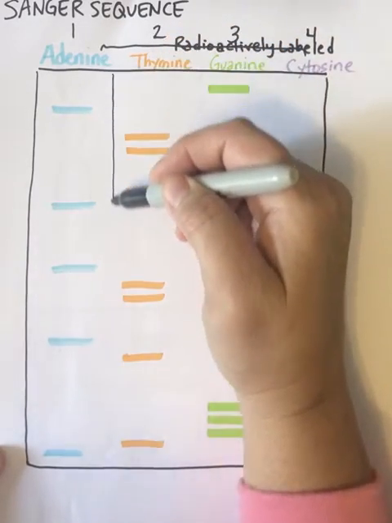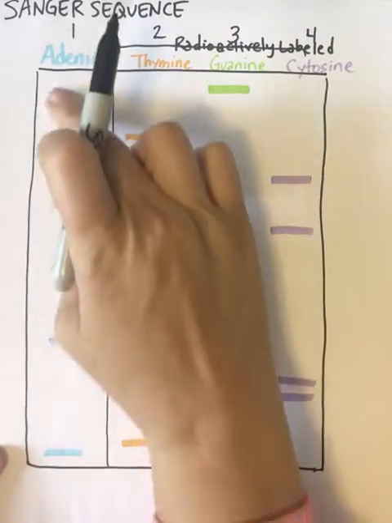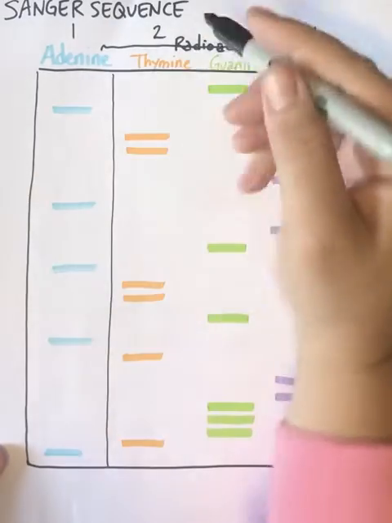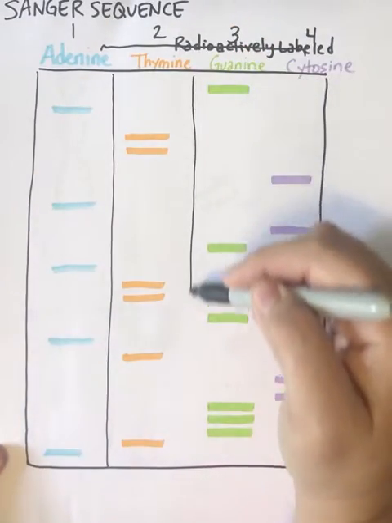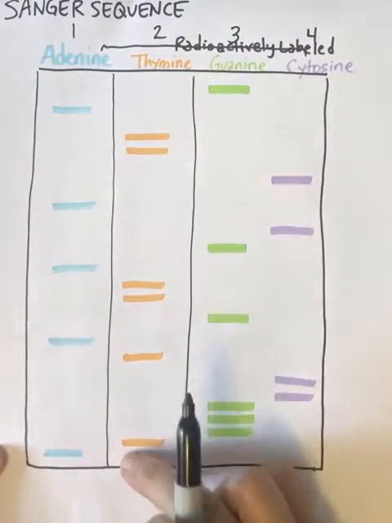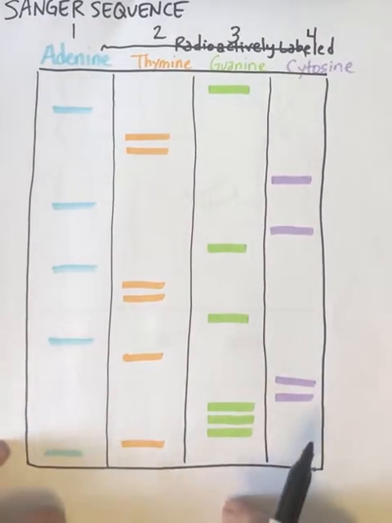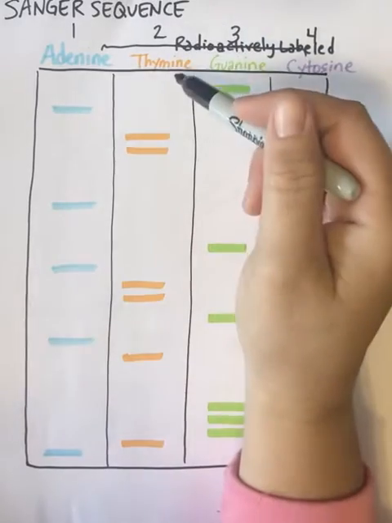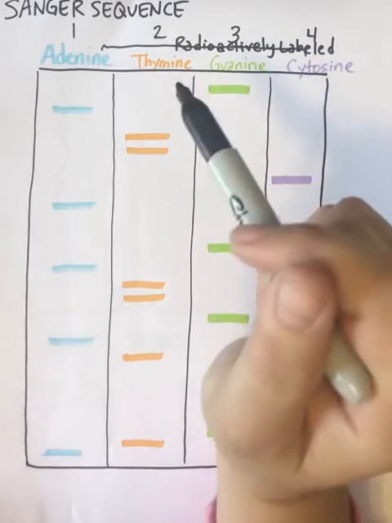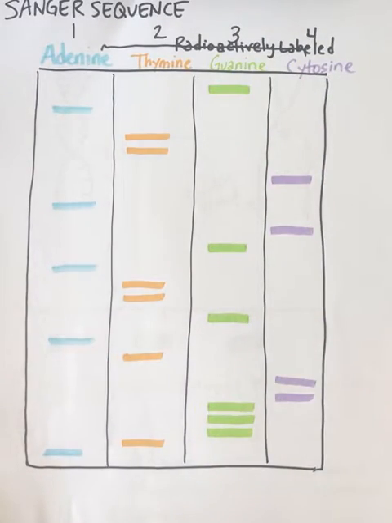So your DNA fragments for adenine are gonna be in this first gel column, and then you have your thymine, the second gel column, your guanine, which is your third gel column. So each one of these, adenine, thymine, guanine, and cytosine, are going to basically be different fragments that are generated by running the DNA sequence, and we have to make copies of it. So the reactions are going to be separated.